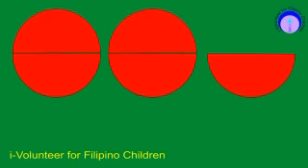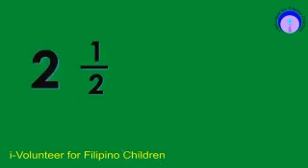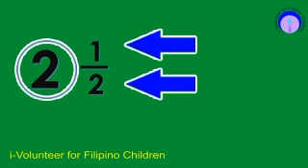Can you guess the improper fraction of this figure? This is the mixed number 2 and a half, and it can be converted in a different way. Look, from the bottom to the side to the top.